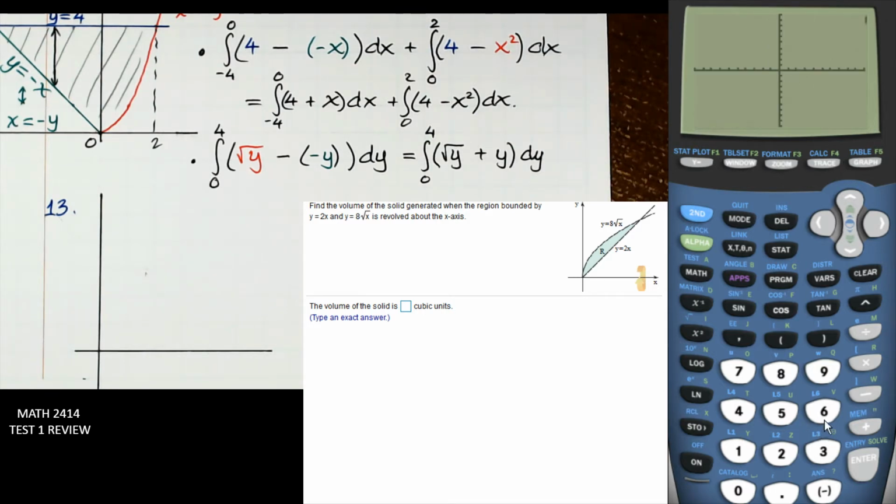Zoom number 6. Right, they're not intersecting, so zoom out. Right, that's good. Let's zoom back in.